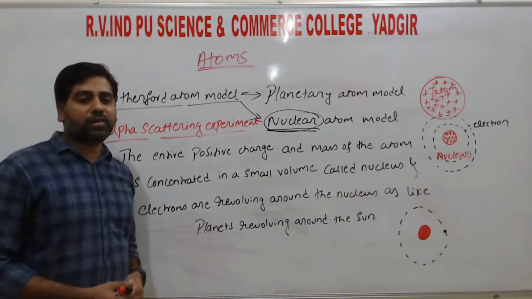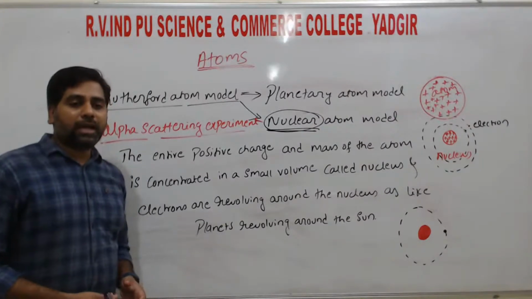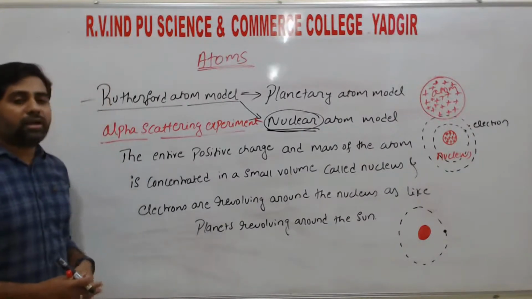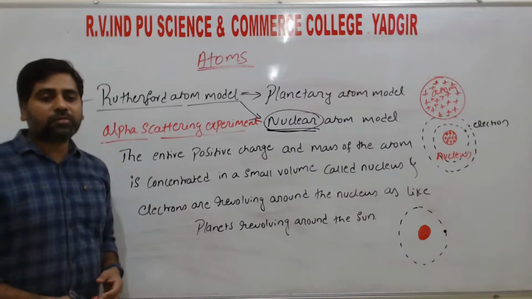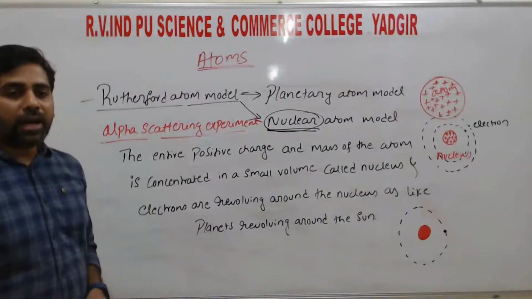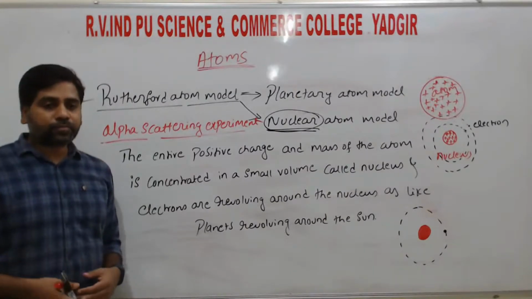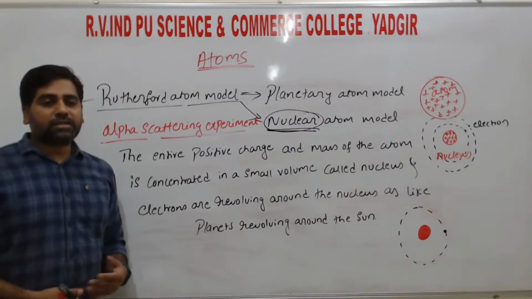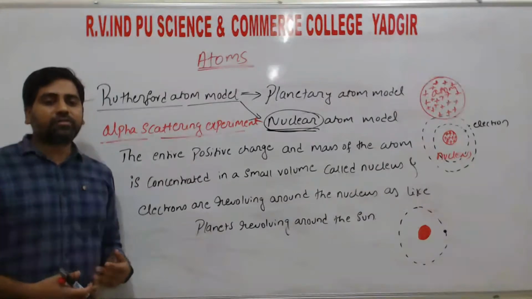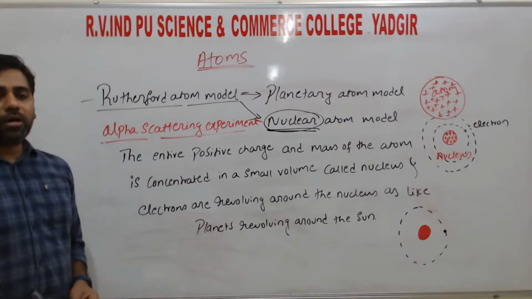Atoms are the basic units of matter and they define the structure of the elements. Further, we can't divide the atoms. If we divide the atoms, they will not exhibit the characteristics of the element, right? So an atom model is any model which gives the structure of the atom and its characteristics.